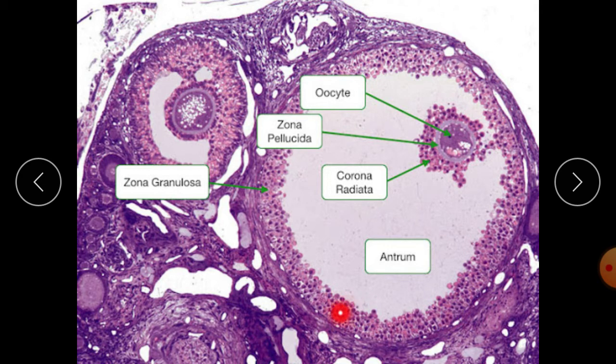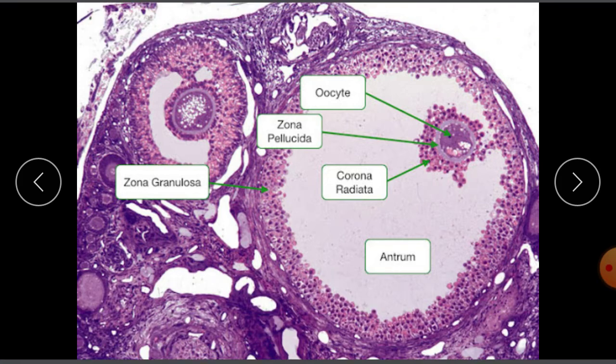Theca externa is there, theca interna. These are granulosa cells. So granulosa cells, what they do? They produce estrogen. Now it is about to rupture. After rupturing, this membrane is ruptured. The matured ovarian follicle moves towards the periphery, surface of the ovary. Now it ruptures.